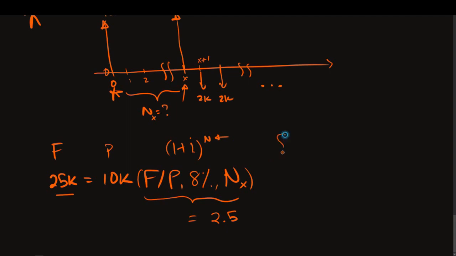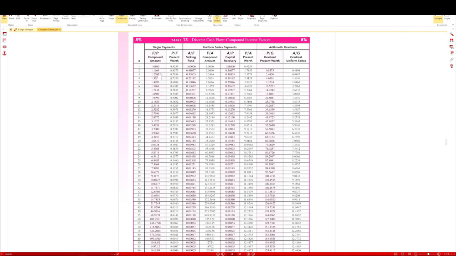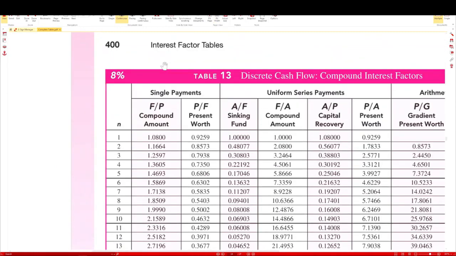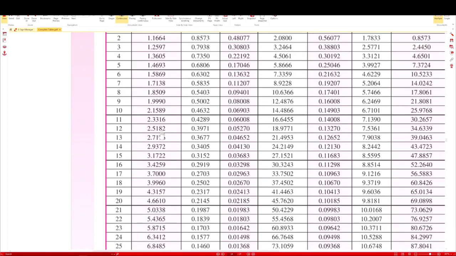Or I can look in the 8% table. Let's say we decide to do that. So I'm looking at the 8% table, F given P. I'm looking for 2.5. At 11 years, it's 2.33. At 12 years, it's 2.51.